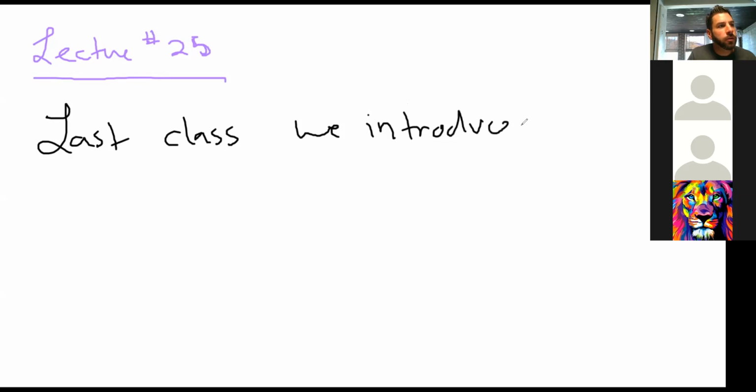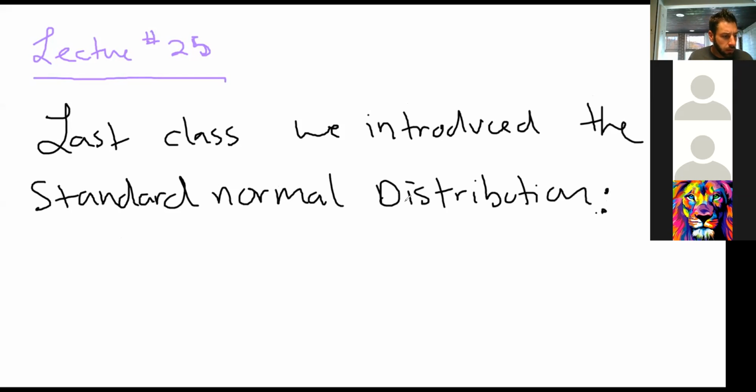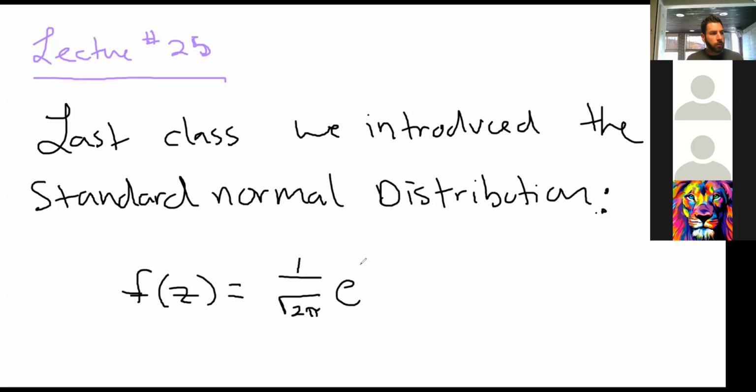What we did is we introduced what's called the standard normal distribution, and it looks like this. In a scary way, let's call it F, and we'll use the variable Z instead of X. And it's given by this scary sort of formula.